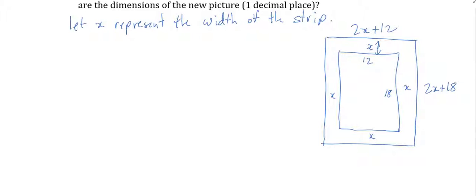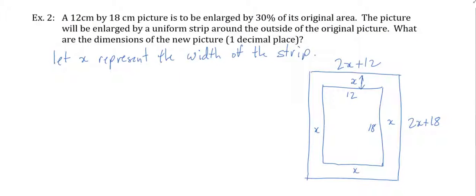That part was the same. The area part is a little bit different. But we will find the area of the picture first, so let's do that. The area of the picture is 12 times 18.